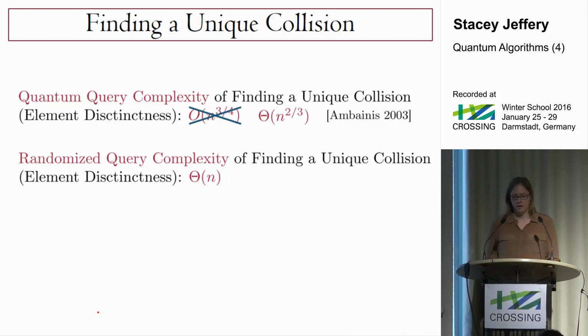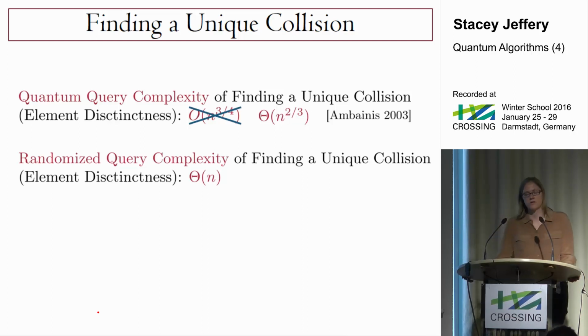There's an algorithm due to Ambainis that solves this element distinctness problem using n to the 2/3 queries quantumly, and that is known to be optimal. But to improve over n to the 3/4 and get the optimal n to the 2/3, you require more machinery than just amplitude amplification.